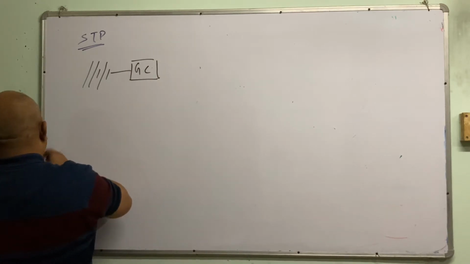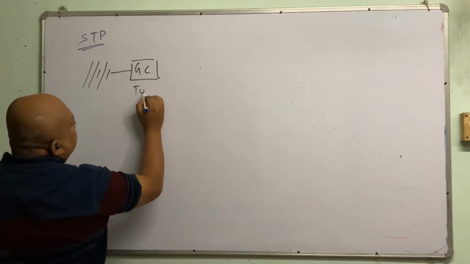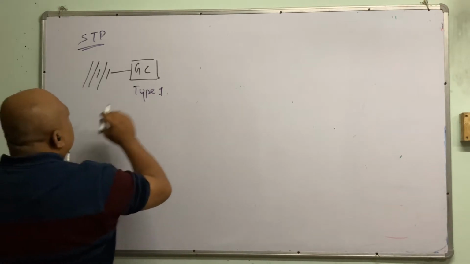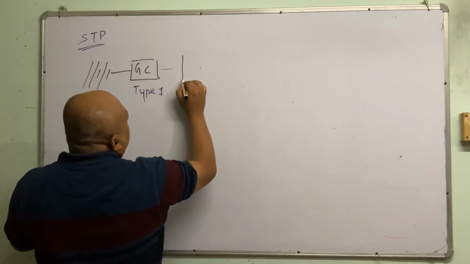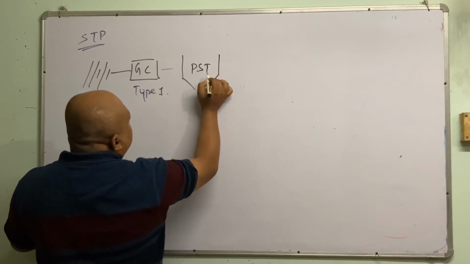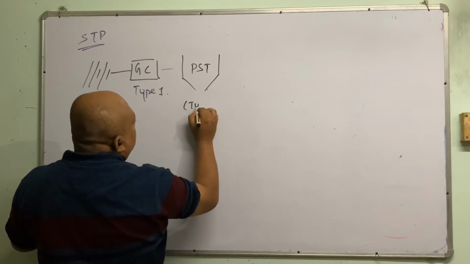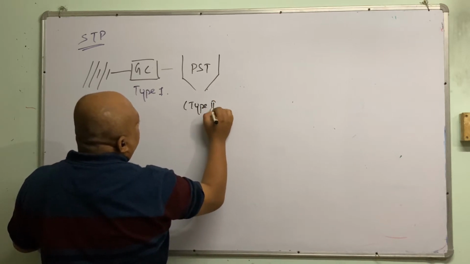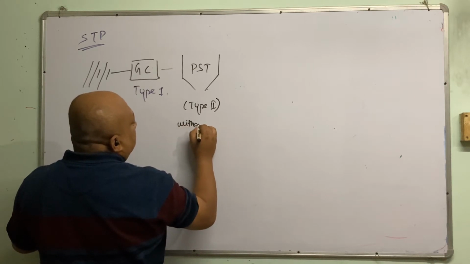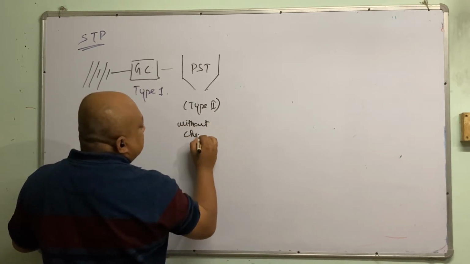This is type 1 sedimentation. After that, the next one is followed by a primary sedimentation tank. The primary sedimentation tank is also something like type 2 without any coagulant, without, I'll say, chemicals.